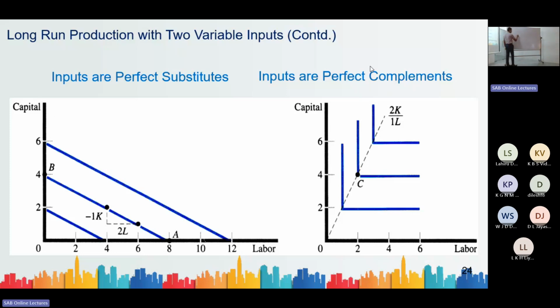These other combinations are not efficient. This is the only efficient combination.